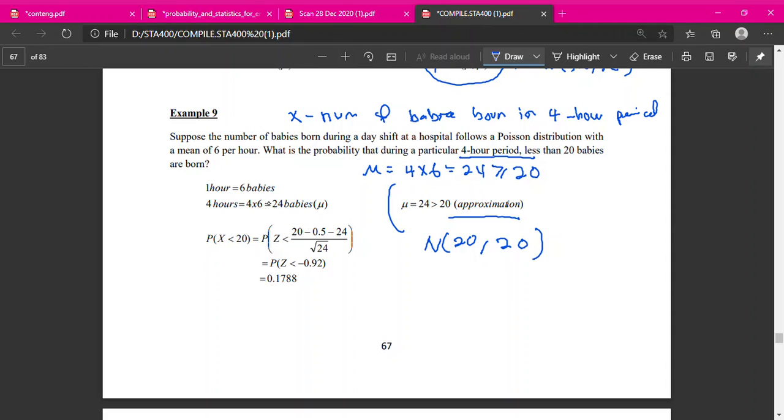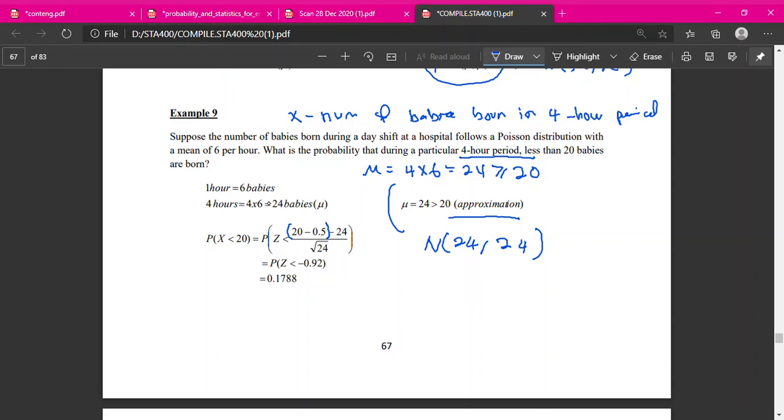Okay, so sekarang nak cari probability of less than 20 babies are born. Because this is less than, so kena tolak dengan 0.5 dulu. Baru tolak dengan dia punya mean. Sorry, not 20 here, 24. Minus mean divide dengan standard deviation. Okay, sama juga. Sebab less than, so kena tolak. Kalau less than equal, kena tambah 0.5.